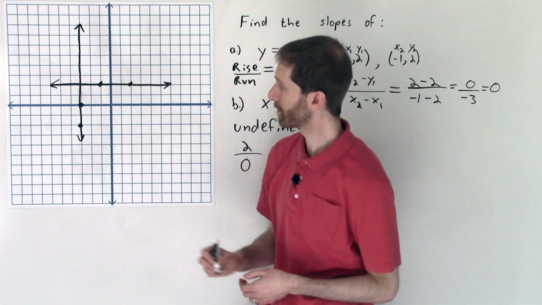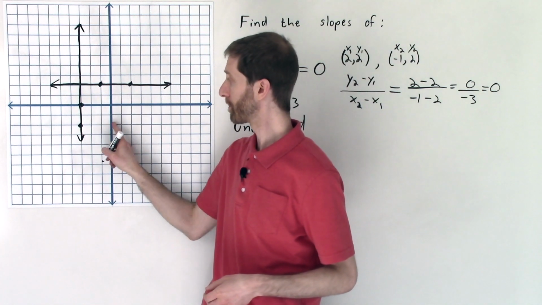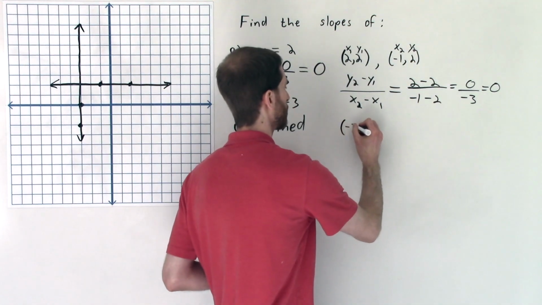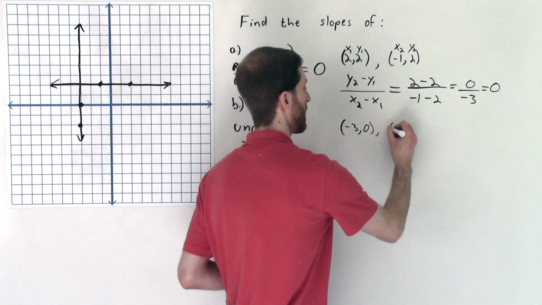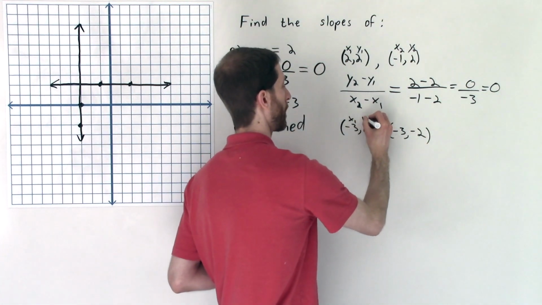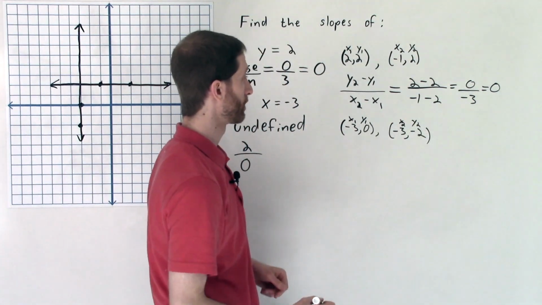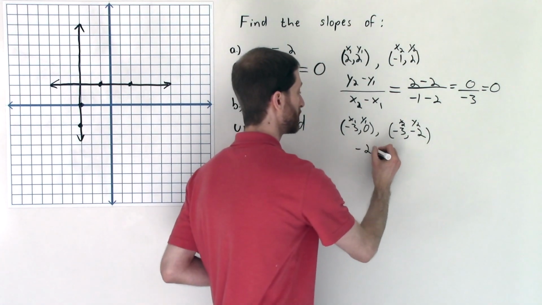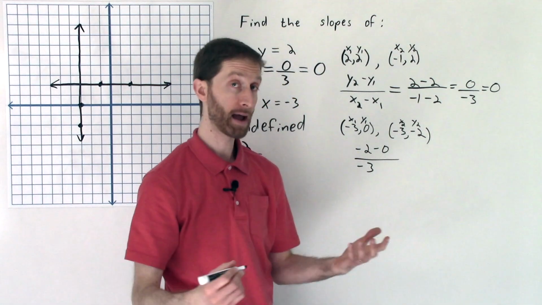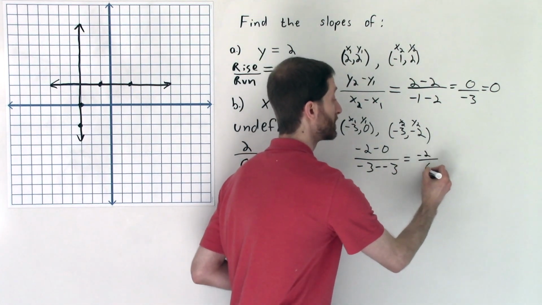We'll do the same thing with this vertical line right here. You've got the point -3, 0, and the point -3, -2. So again, we'll do x1, y1, x2, y2, and we'll use our formula. y2 minus y1 is -2 minus 0. x2 minus x1 is -3 minus -3, which is going to be -2 over 0.